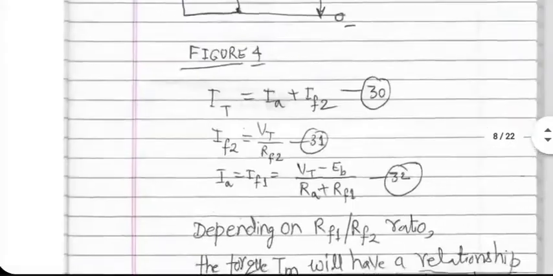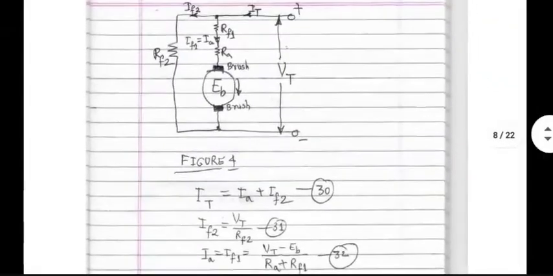Depending on the ratio of RF1 and RF2, which is known as level of compounding, if RF2 is very large compared to RF1, you have a motor which is very close to shunt motor. If RF1 is very large compared to RF2, you have a motor which is very close to series motor. And in between, you have performance neither this nor that, but between the two extremes.